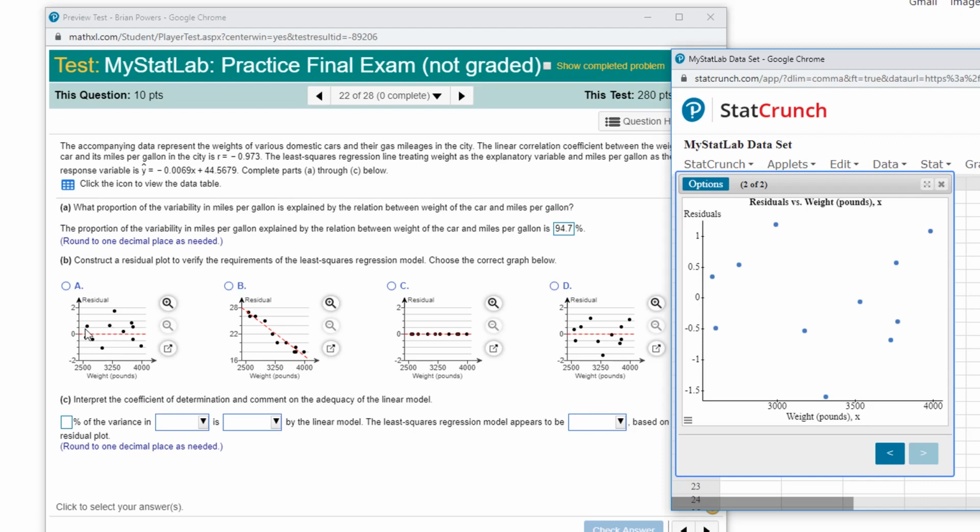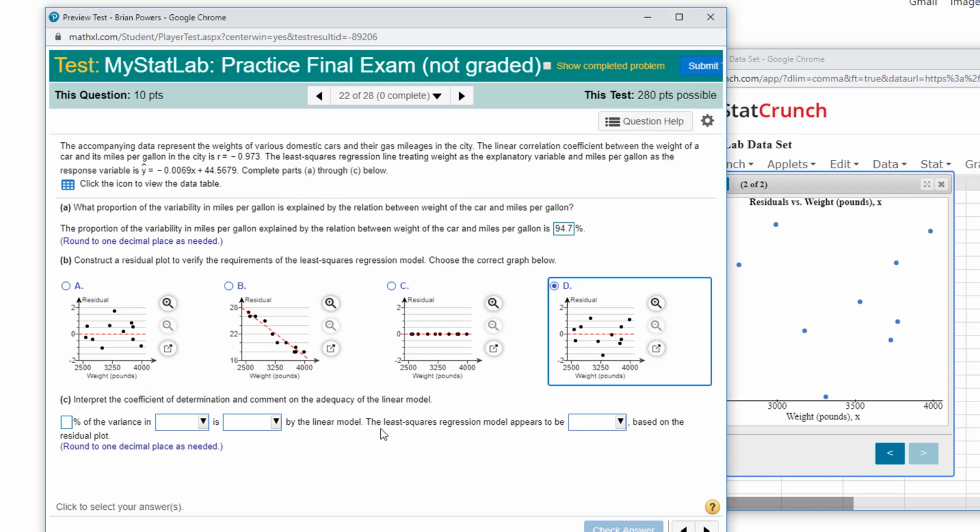The first choice, I don't know how they got that plot, maybe it's inverted or flipped around, but anyway, I know it's wrong. I'm going to go with D.